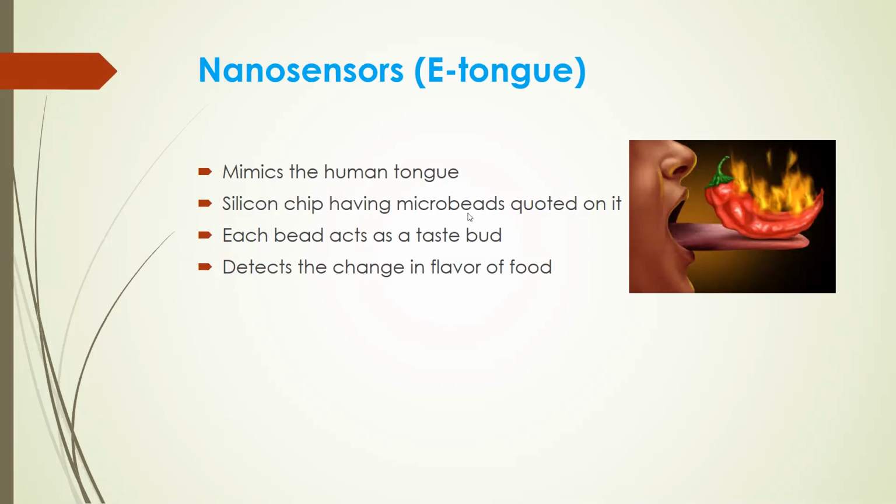The function of these beads is exactly similar to the function of the human tongue, right? The function of the microbeads is exactly similar to the function of the taste buds present on the human tongue. So each bead coated on the silicon chip would specifically detect a particular flavor or a particular taste that has been produced as a result of the contamination in the food lots. So this is the intensity of the sensitivity that could be obtained by using these electronic tongues.